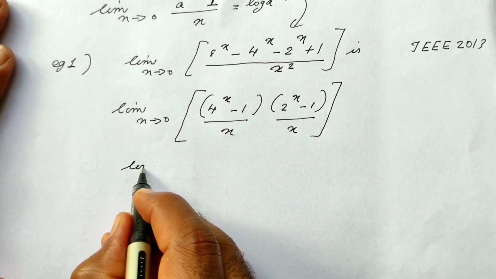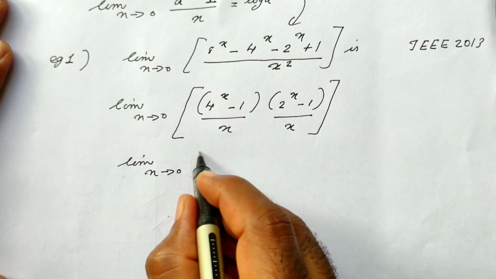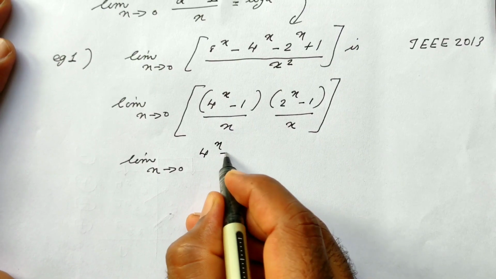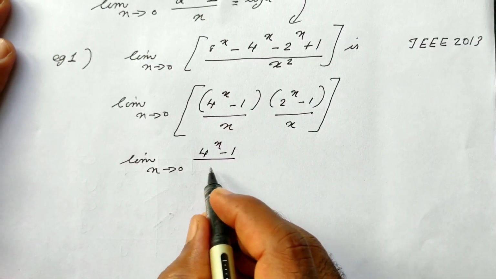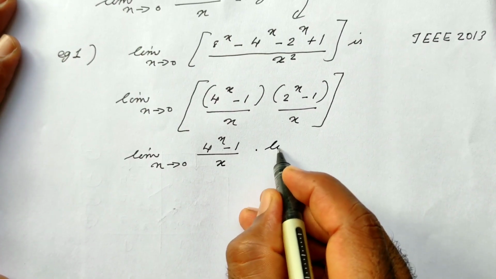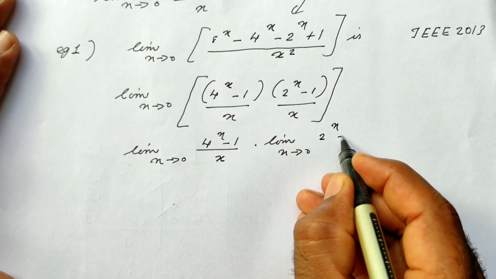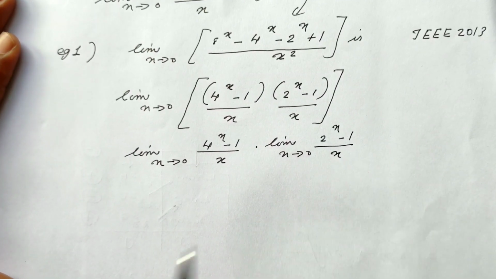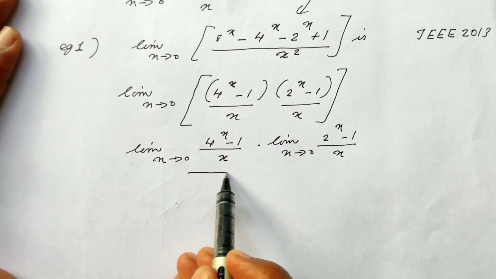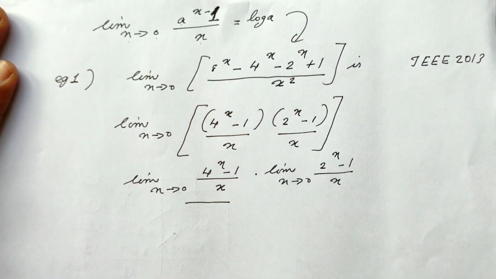Taking the limits separately, we know the limit of the product is the product of the limits, therefore we can write it as limit x tends to 0, (4 raised to x minus 1) by x, into limit x tends to 0, (2 raised to x minus 1) divided by x, and it is in the standard form limit x tends to 0, (a raised to x minus 1) divided by x.